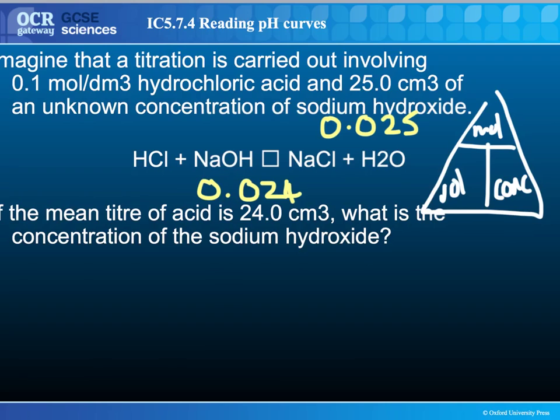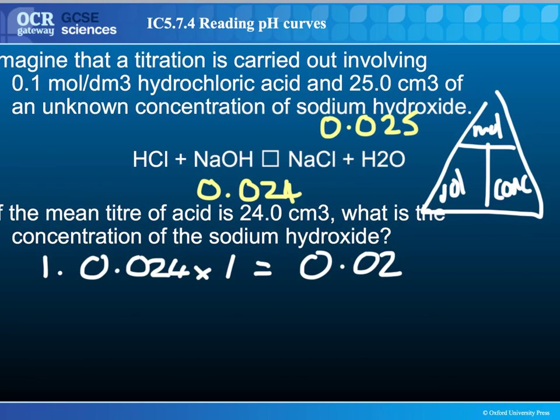Then you have a three-step calculation. Step 1. How many moles of hydrochloric acid have you got? Well, the volume of hydrochloric acid is 0.024. Multiply the volume of acid by its concentration, 1, gives you the number of moles, 0.024 moles.